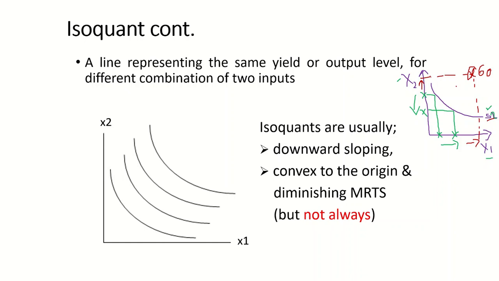So as a farmer or as a producer, we know that our ultimate objective is to maximize profit. So to do that, we would want to increase our output, isn't it? There might be one level, 61, 70, 80.